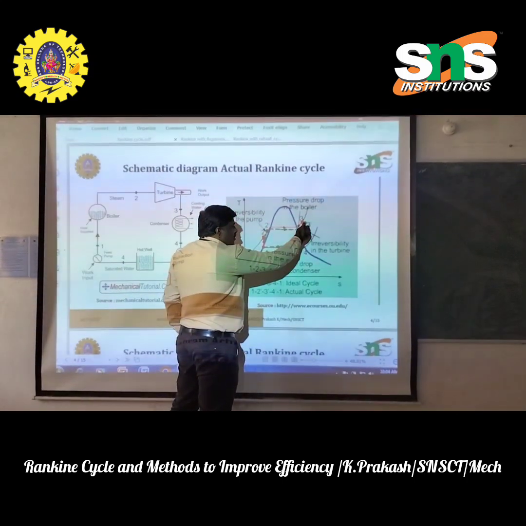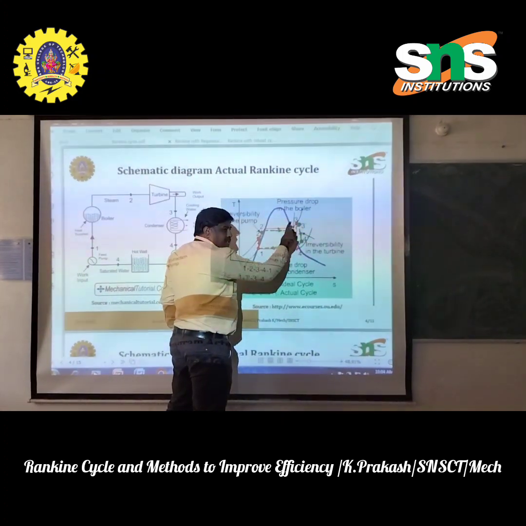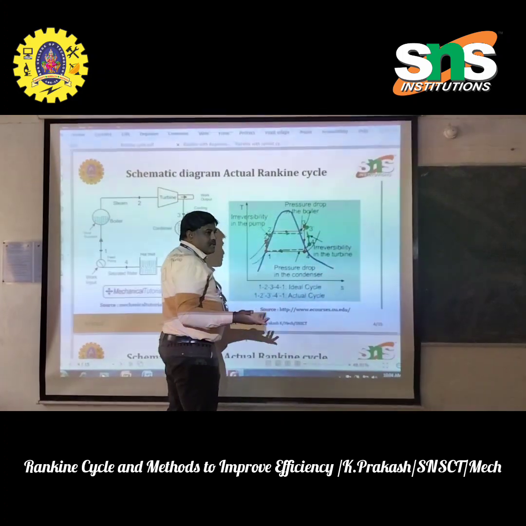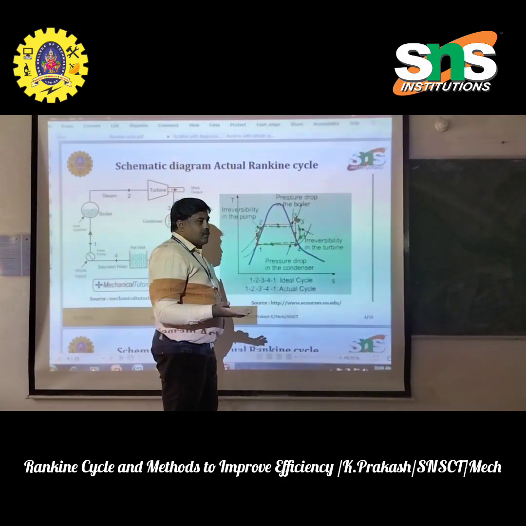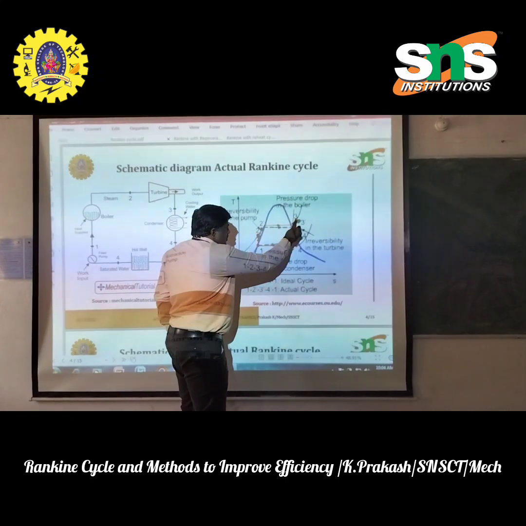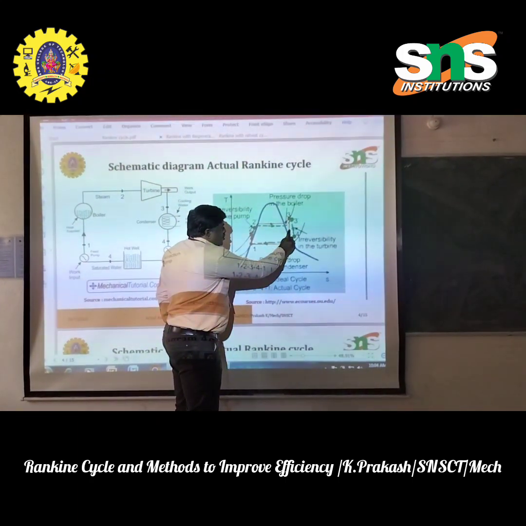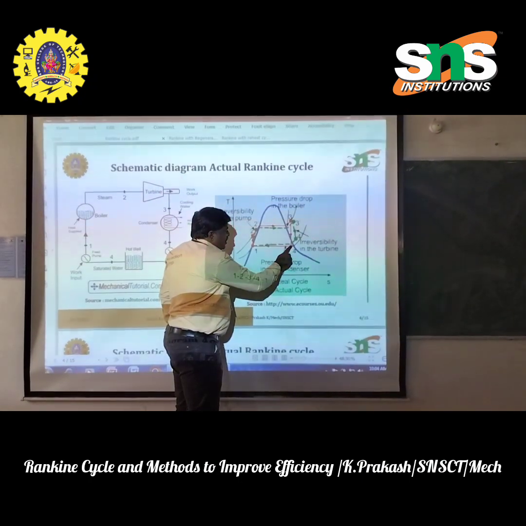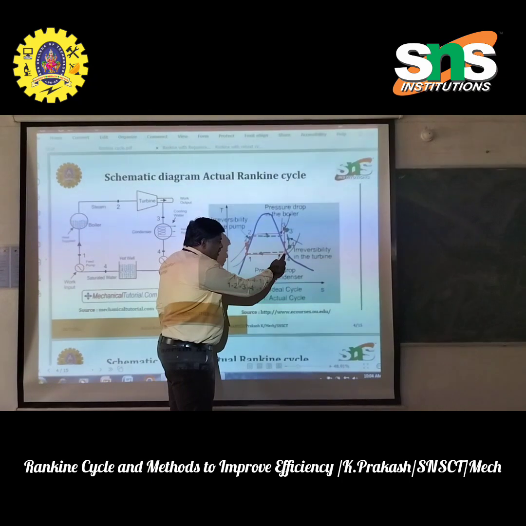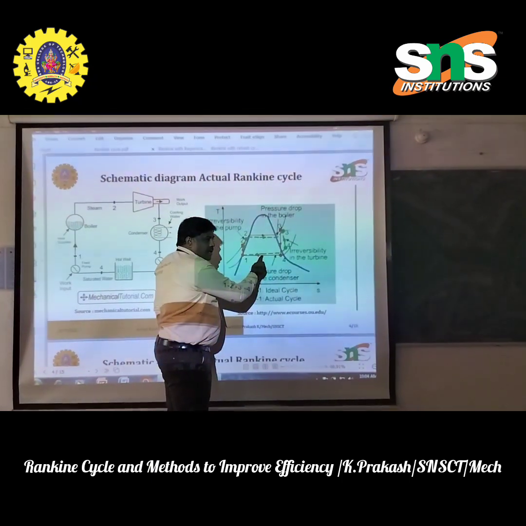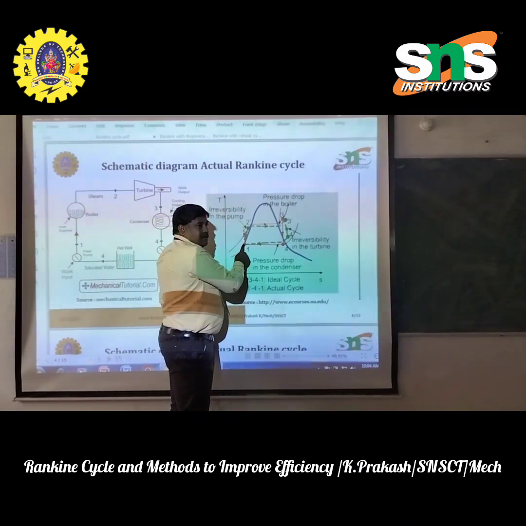And then from 3, it goes to the turbine where the expansion process takes place, so the heat is lost. The heat lost is converted into work. The superheated steam, when losing heat, goes to dry steam and then becomes wet steam. Then in the condenser, heat is rejected outside, so the wet steam is converted into water.